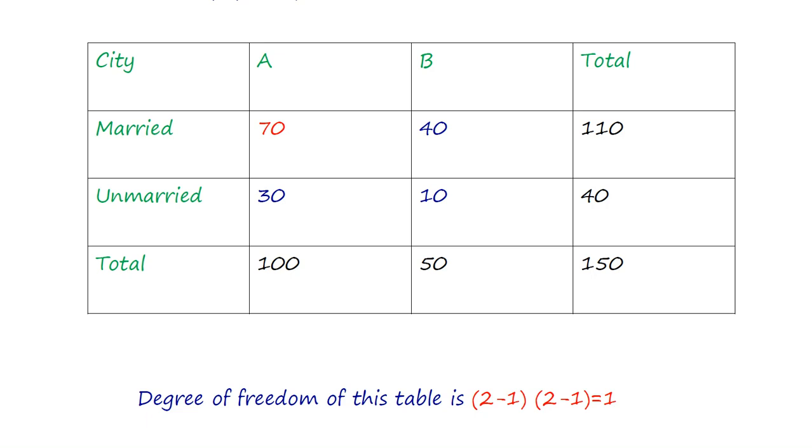So we can set the observation here as 70. We are free in this cell. We can set these observations also as 65, 55, any observations.